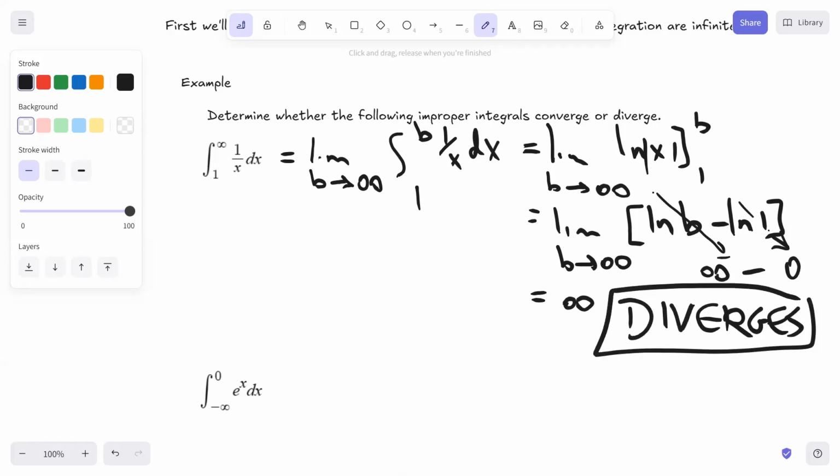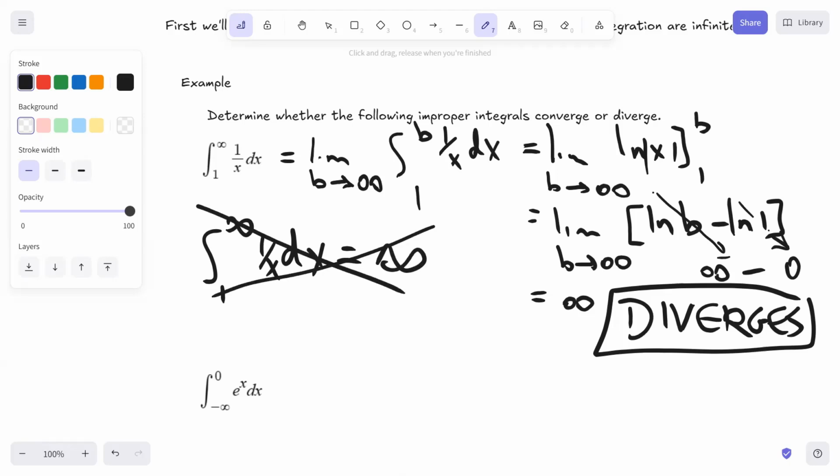Now, I want to take a minute here and talk about proper notation. It is actually incorrect to write the integral from 1 to infinity of 1 over x dx equals infinity. Do not write that. You're going to need to pay close attention to the correct limit notation with these improper integrals. The undefined bounds of integration have to be replaced with at least one variable.